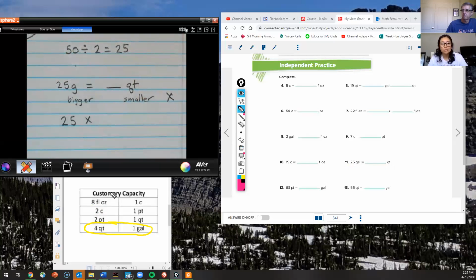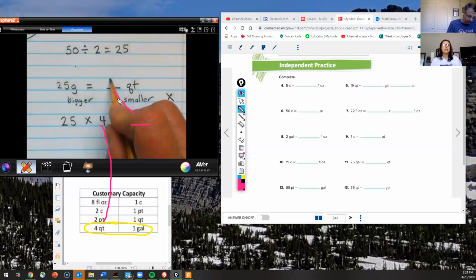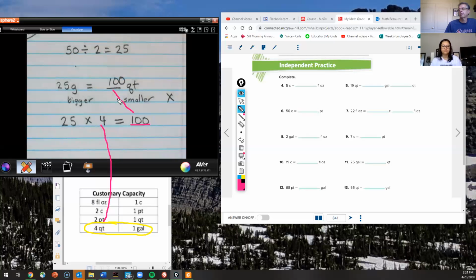When you multiply 25 times 4, you should get 100. Something that always helped me was thinking of it as 4 quarters in $1. So 25 times 4 equals 100. You should have 25 gallons equals 100 quarts.